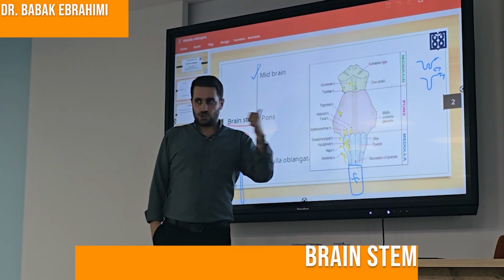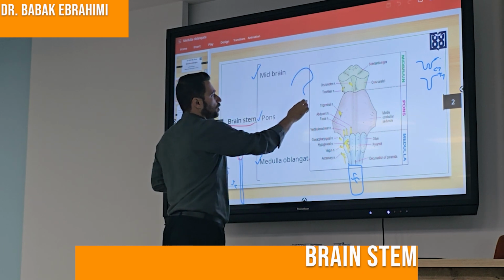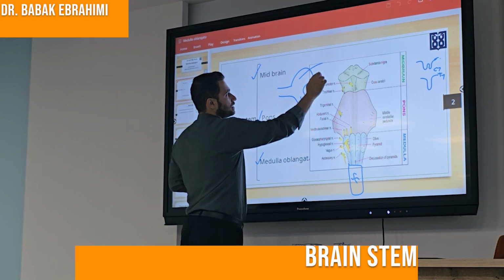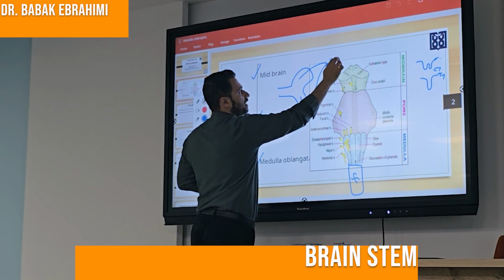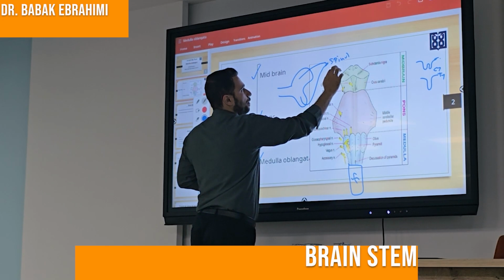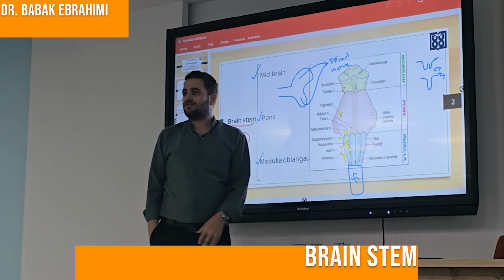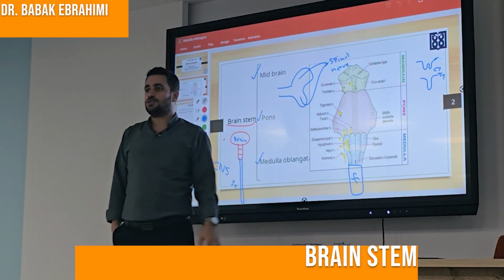But I told you that in the spinal cord, they are important for passing the rootlets and making the spinal nerve. But in this part, at the brain stem, why do we have the sulcus? We don't have any spinal nerve. We are going to the brain.